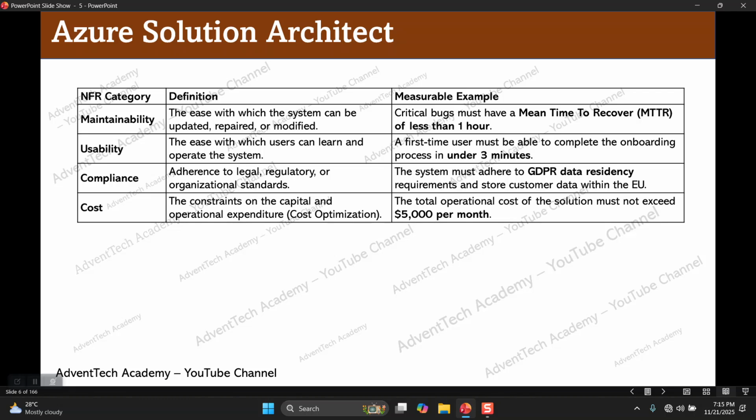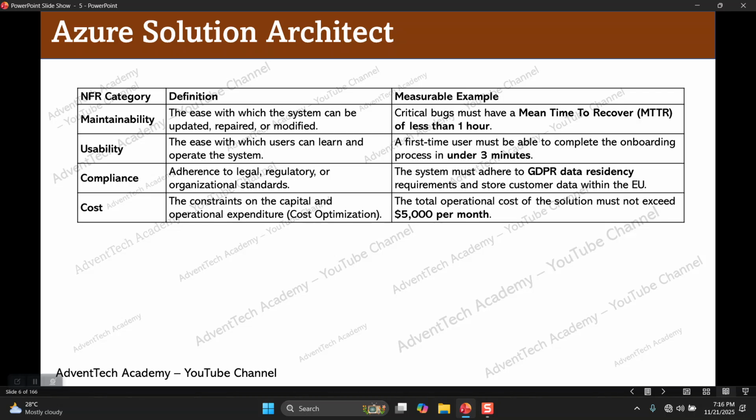The system must adhere to GDPR data residency. So we need to take care of these NFRs, and cost. Cost is a major factor. It is a constraint on the capital and operational expenditure. The overall operational cost of a solution must not exceed 5,000 per month.